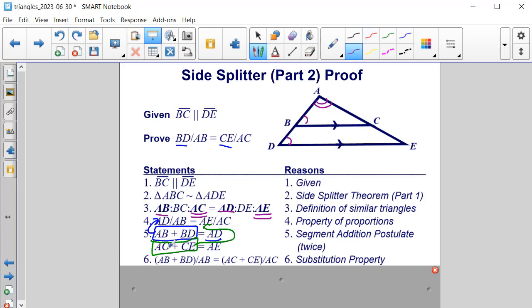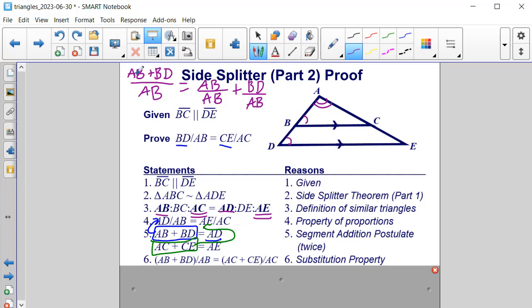And the next step is we can rewrite, and I'm going to write it up here where I have a little bit more space. We have AB plus BD over AB. We can rewrite this as AB over AB plus BD over AB.